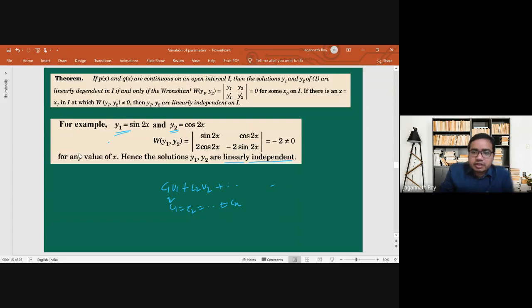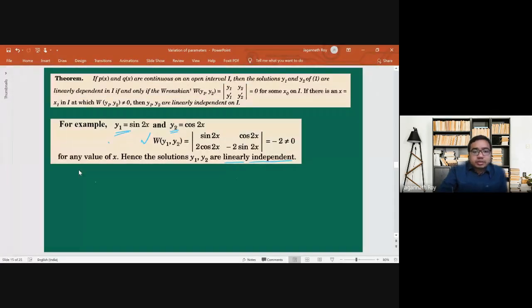The same idea is used here. To check whether two functions are linearly independent or not, we need to check the Wronskian. If it is non-zero, then we call them linearly independent.